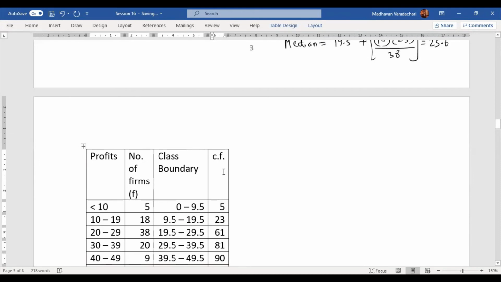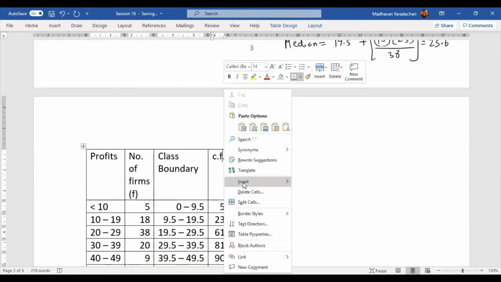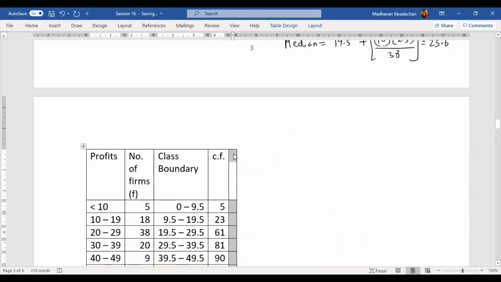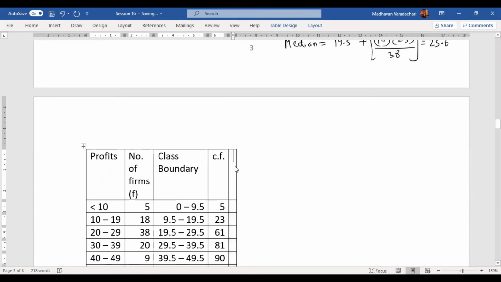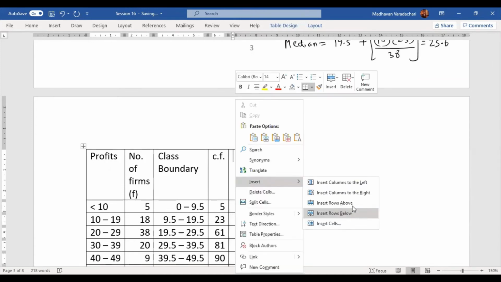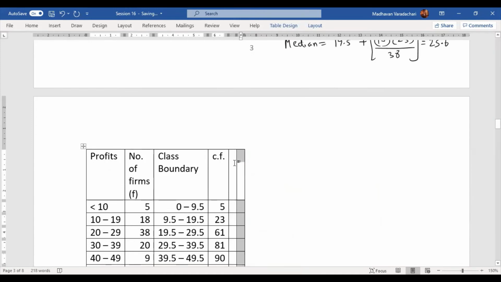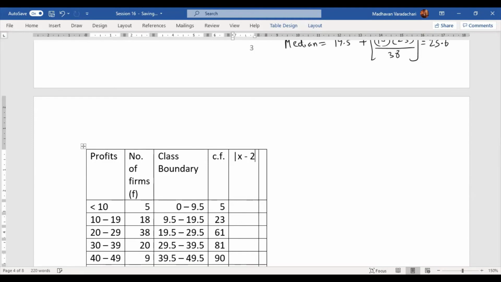So I'm going to insert two columns. Like this, let me write here modulus of x minus median. Median is 25.6. So I'll write 25.6.